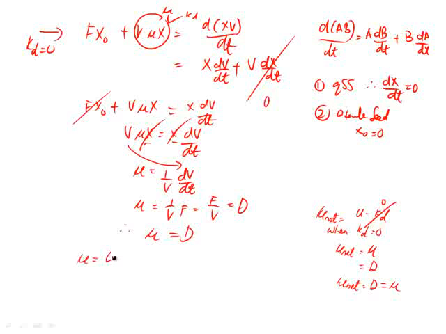Mu is equivalent to mu m S over Ks plus S. That is Monod. And the mu now from the material balance is D. Okay? So can I go to the next slide? Yes. We are going to rewrite the Monod.